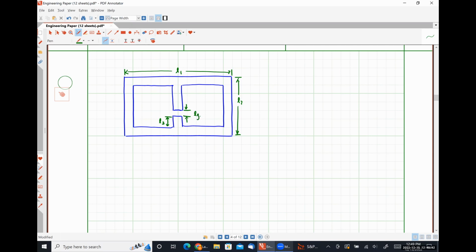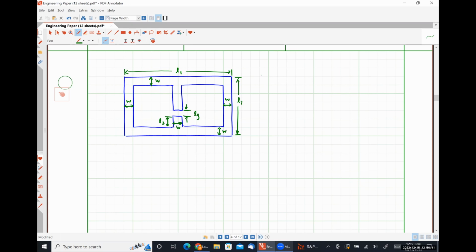And this length LG. And then we have the same width all around this magnetic circuit, and same thickness as well.